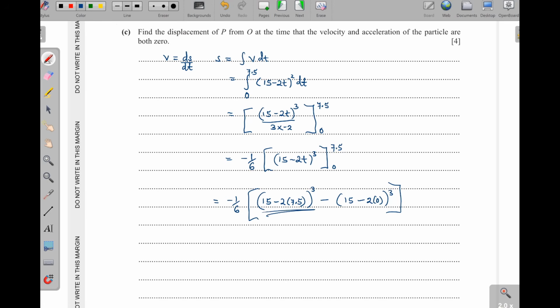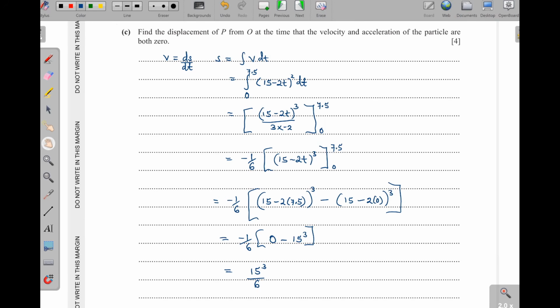So this one gives us a 0, okay? Then we shall have negative 1 over 6 into 0, then minus, this one is 15 cubed. So in other words, this is a negative times a negative, that's a positive. So 15 cubed out of 6.